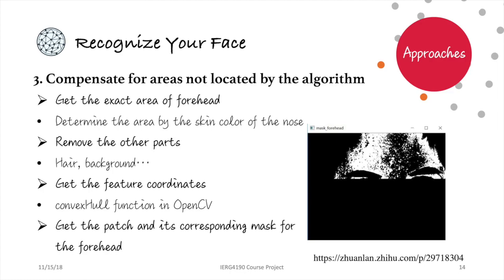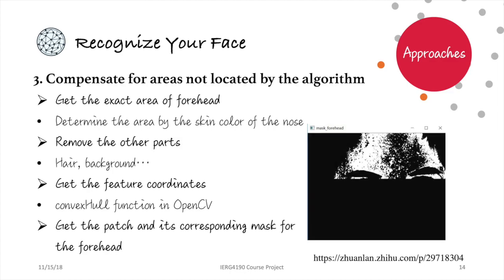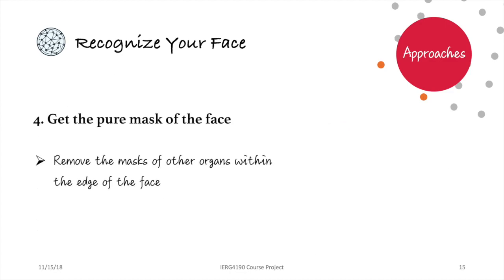And finally, we can get the patch and its corresponding mask for the forehead. After we have got all the masks for the organs, we can finally get the pure mask of the face by just removing the masks of other organs.